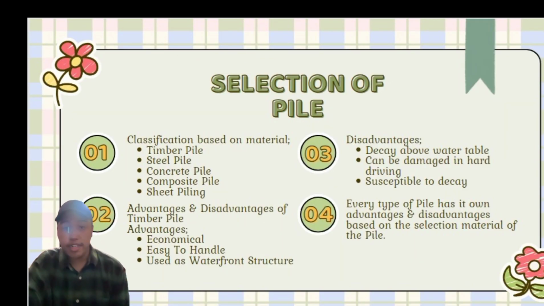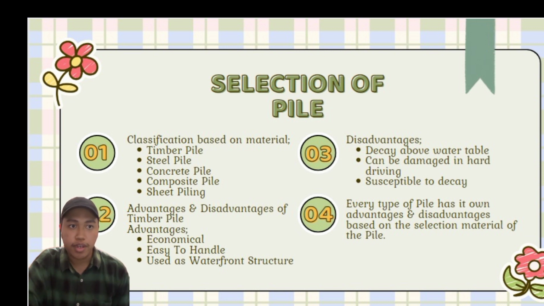Alright, the selection of pile. For pile, there are many classifications of pile based on their material, for example timber pile, steel pile, concrete pile, composite pile, and sheet pile. Timber pile is one of the oldest types of pile and still one of the most common, because timber pile is the cheapest pile in the industry.